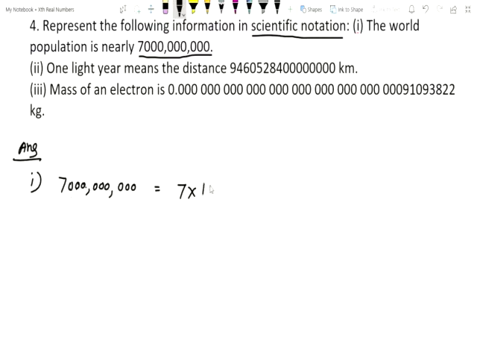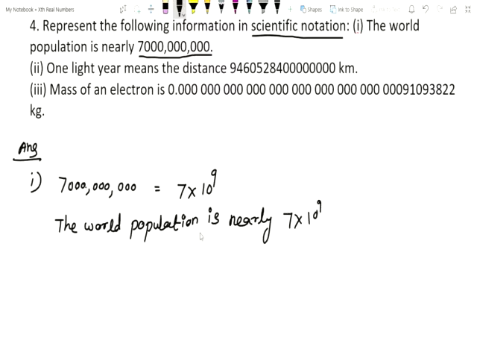So 10 to the power of 9. Okay. So the world population is nearly 7 into 10 power 9.